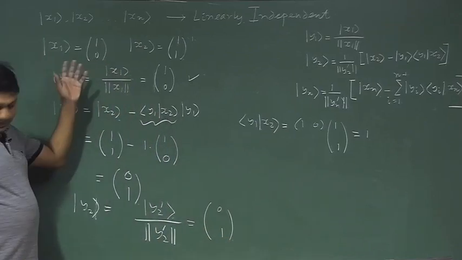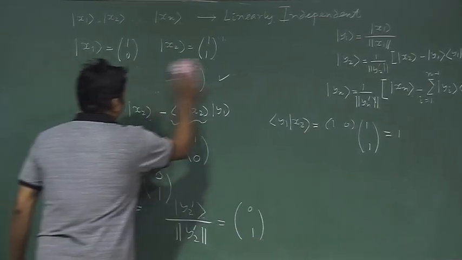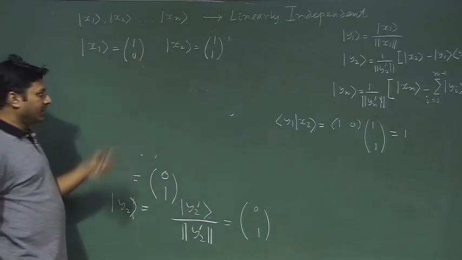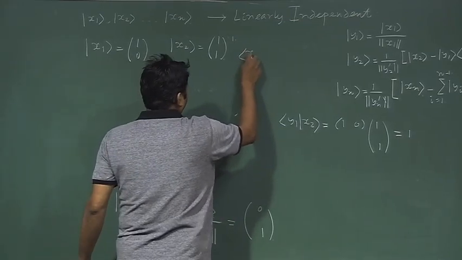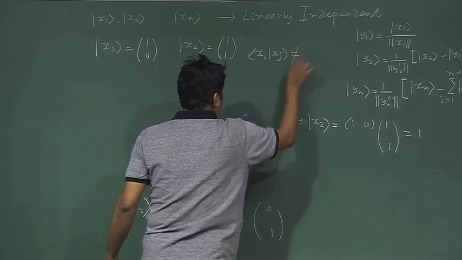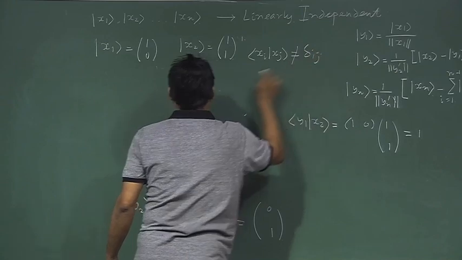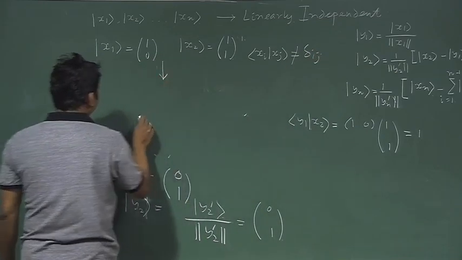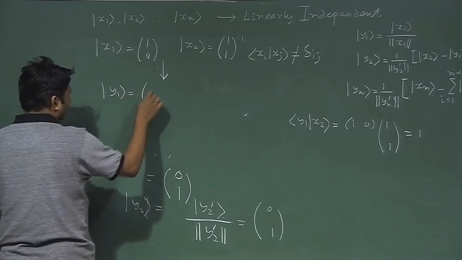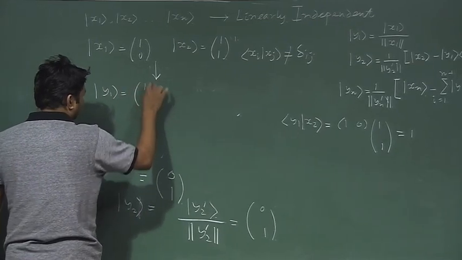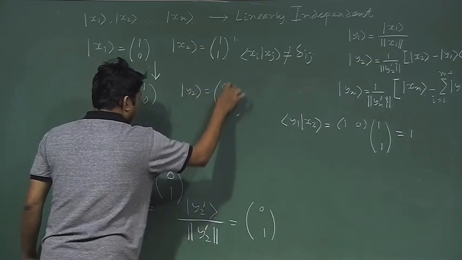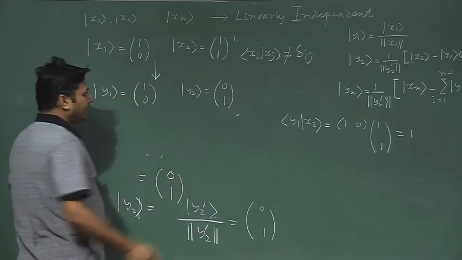Now, these two given vectors are linearly independent, but they are not forming the orthonormality property, it is not equal to delta ij. Using the Gram-Schmidt orthonormalization process, I figured out two vectors, y1 which is 1 0 and y2 which is 0 1, which is the natural basis in 2D.